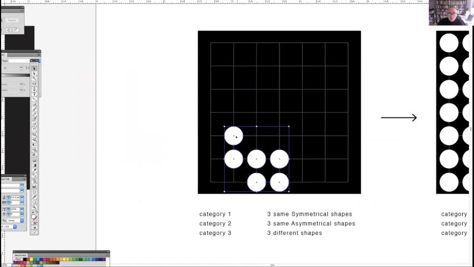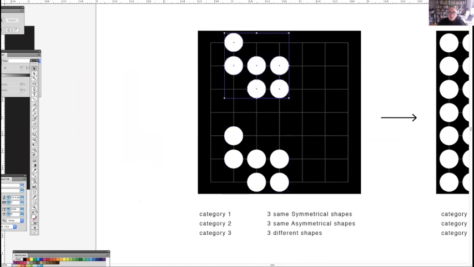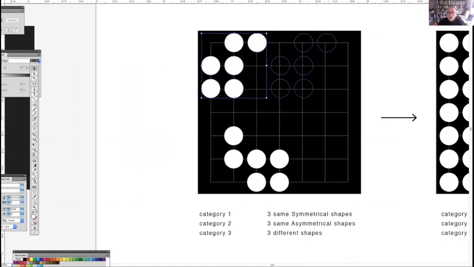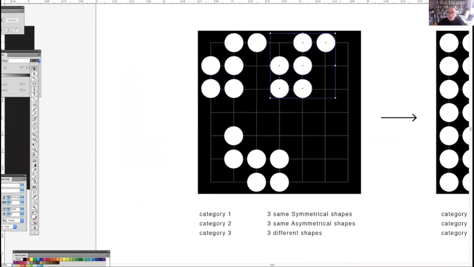Many people are new in this software. So what can you do? You move around. You can turn them. You can only turn them. That's all you can do. No mirroring, nothing, and you can place them in the space.